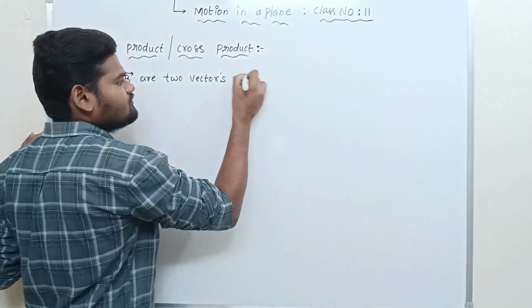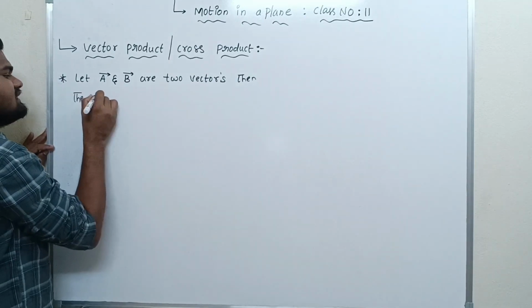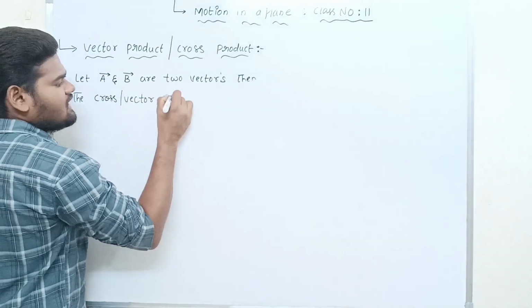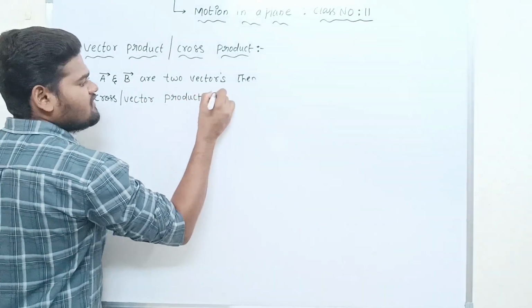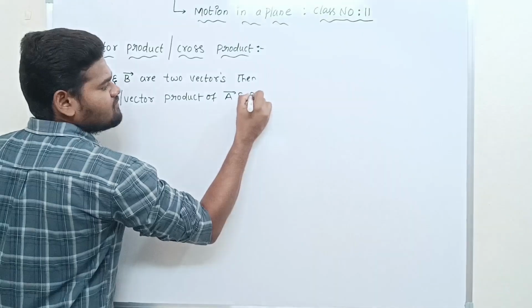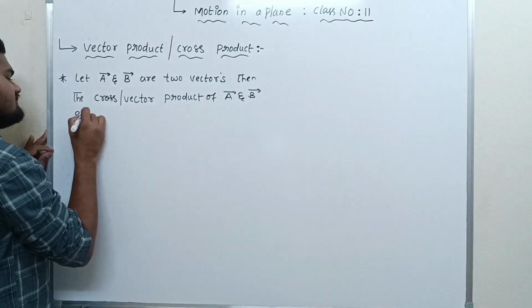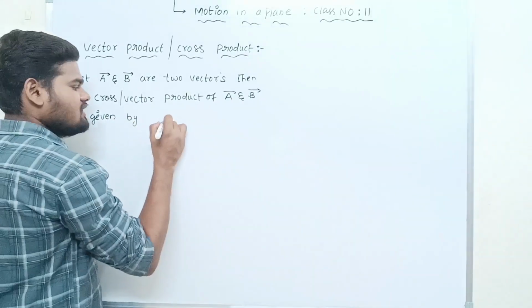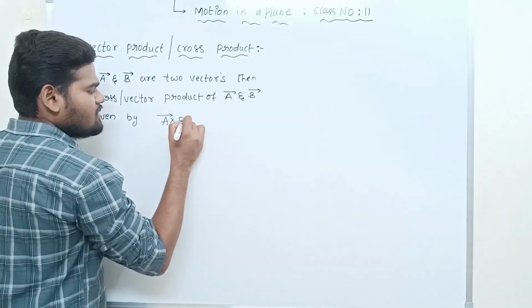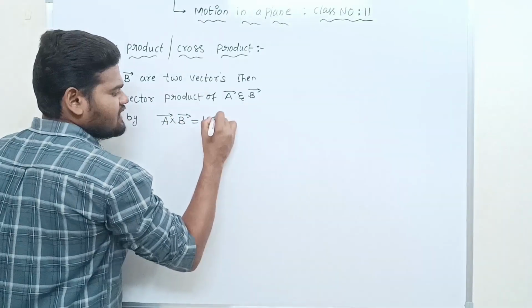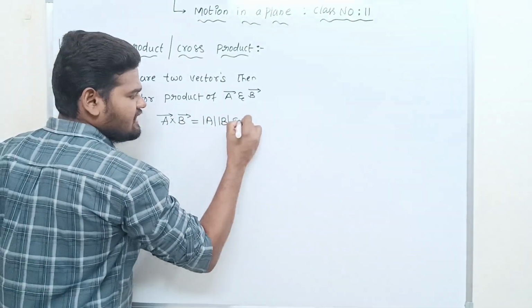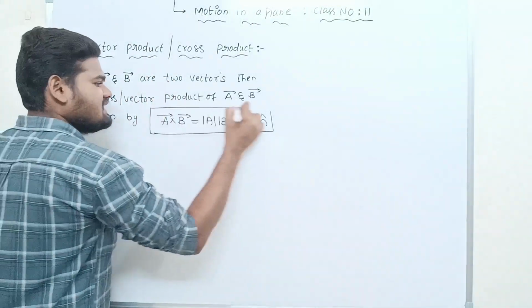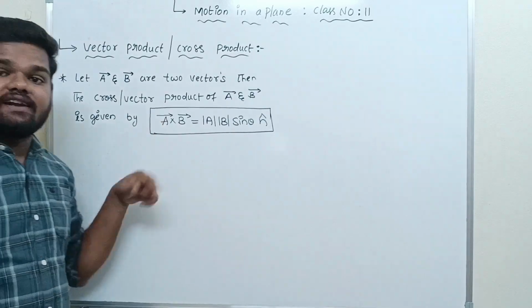Then the cross product, or the vector product, of a bar and b bar is given by: a bar cross b bar is equal to magnitude of a into magnitude of b into sine theta into n cap. So this is the formula for cross product or vector product.